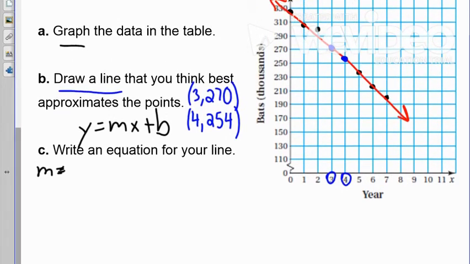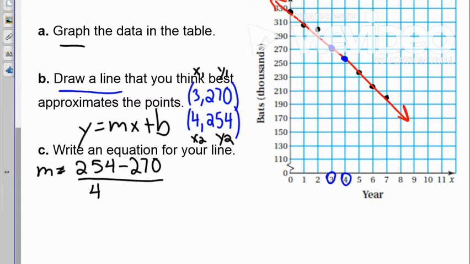So I get 254 minus 270 over 4 minus 3. Now, what type of slope should we expect? Since we're dealing with a negative trend, we should get a negative number. So I got negative 16 over 1, which is simply negative 16.